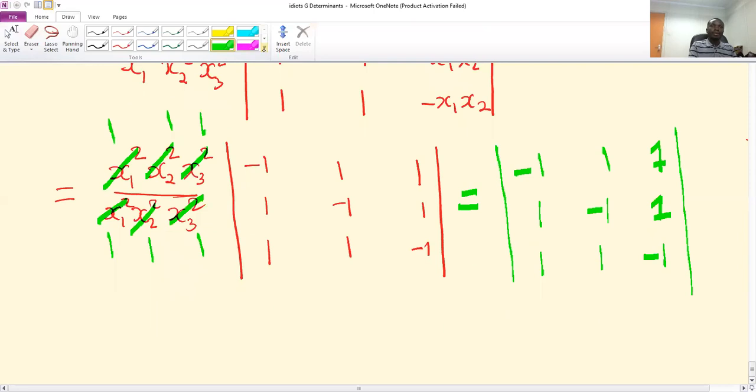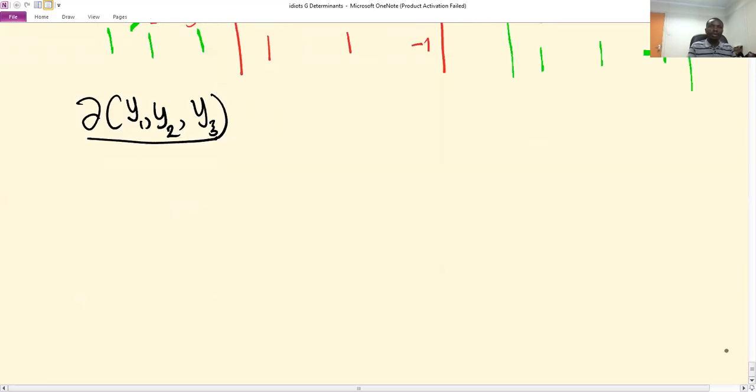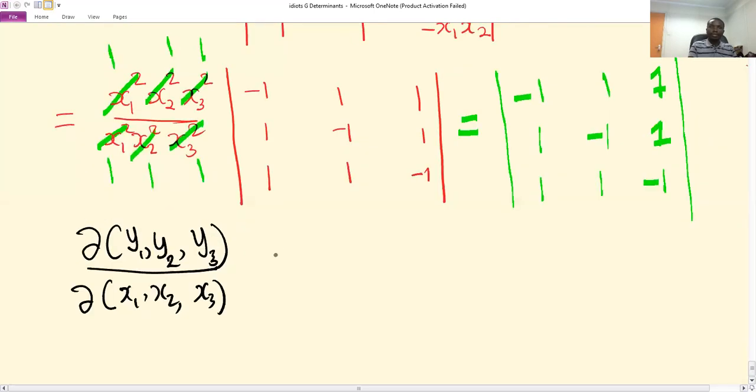Now, our Jacobian is now just a 3 by 3 determinant involving only numbers, which is the determinant of negative 1, 1, 1, 1, minus 1, 1, 1, 1, minus 1.